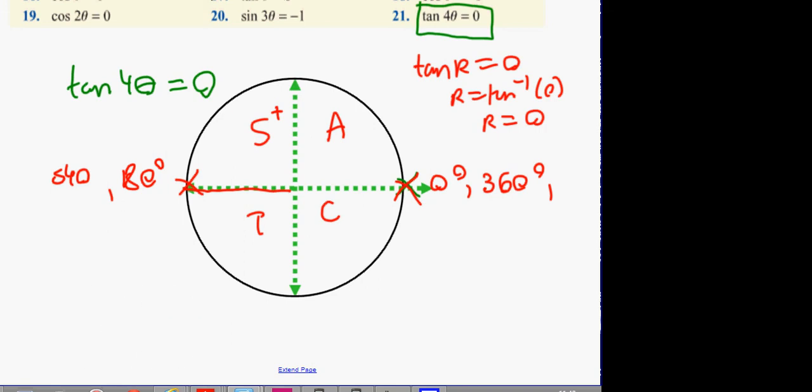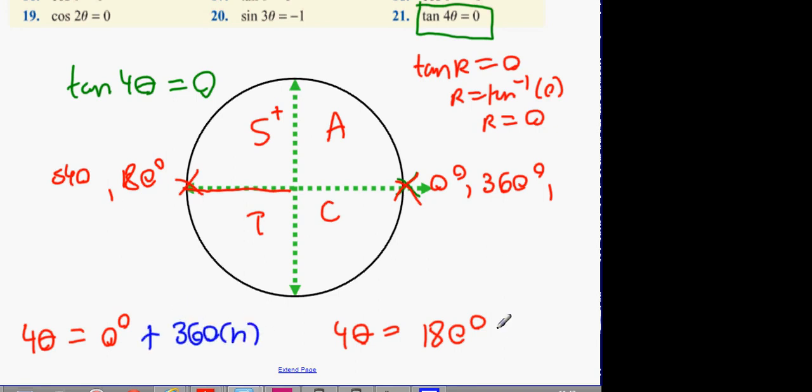What we're going to find out next is that it works for any rotation. So 4 theta equals 0 degrees, and 4 theta equals 180 degrees. Now what do I have to add on at the end, guys? The number of rotations, because it keeps going around in circles.